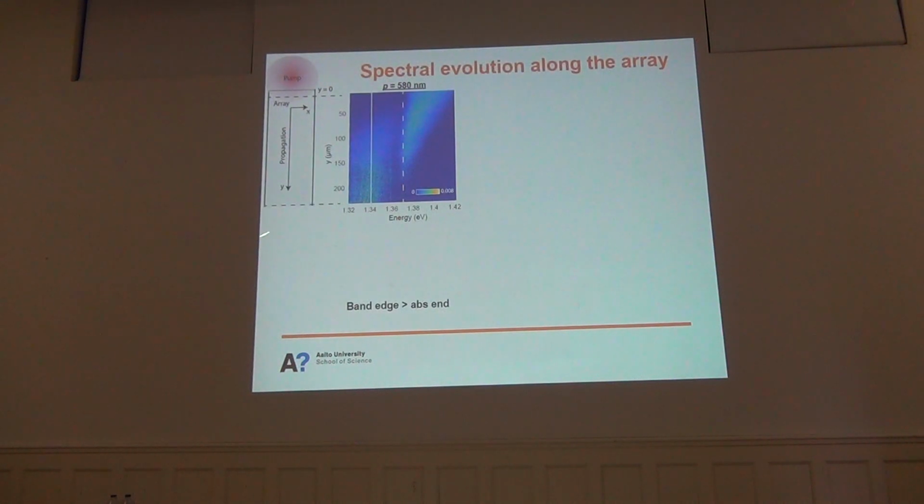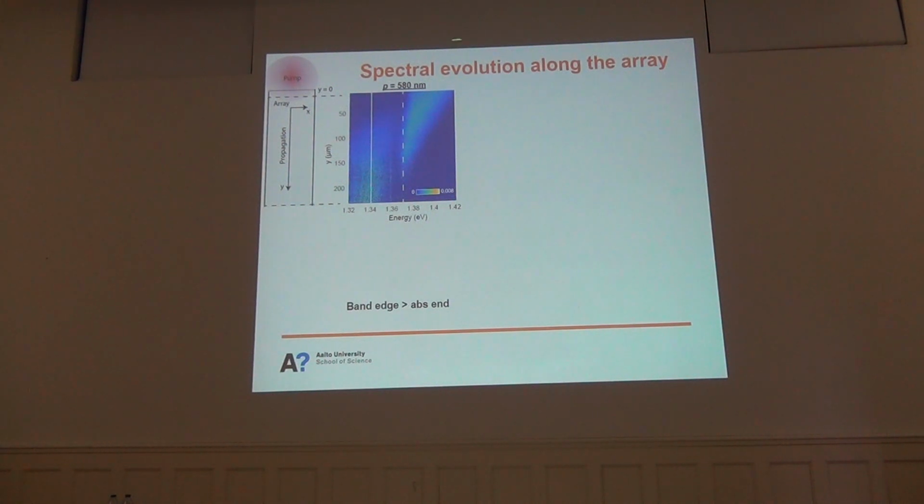Here's yet another schematic of our system where the pump is here and the nanoparticle array is here. On the y-axis we now have the physical distance from the pump spot, and on the x-axis we have the energy or the wavelength of the light coming out from the array. And indeed, starting from the beginning of the array, we see that the energy is decreasing. We see the redshift here.